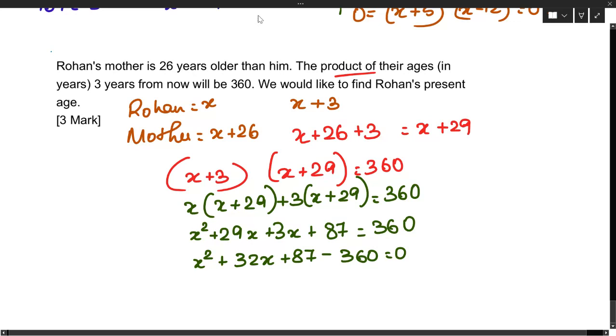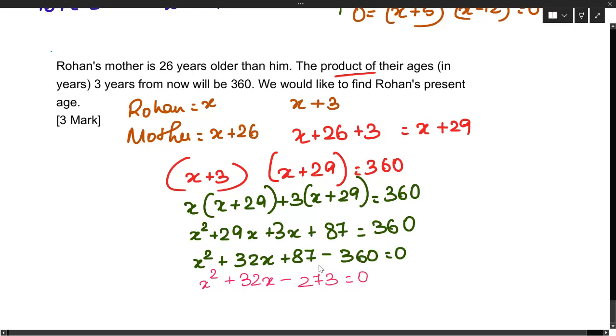Then minus 360 plus 87 gives X square plus 32X minus 273, which is equal to 0.